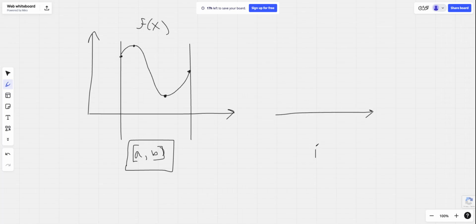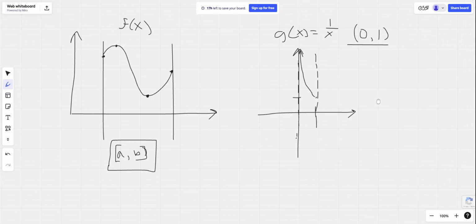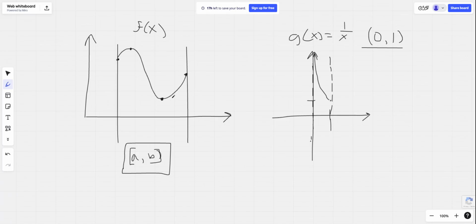If it was an open interval, let's say we have g of x equals 1 over x, and then we look at it on the open interval 0, comma 1, then our function would look like this, and you can see there's no maximum, and the extreme value theorem here fails because it's on an open interval, not a closed interval.